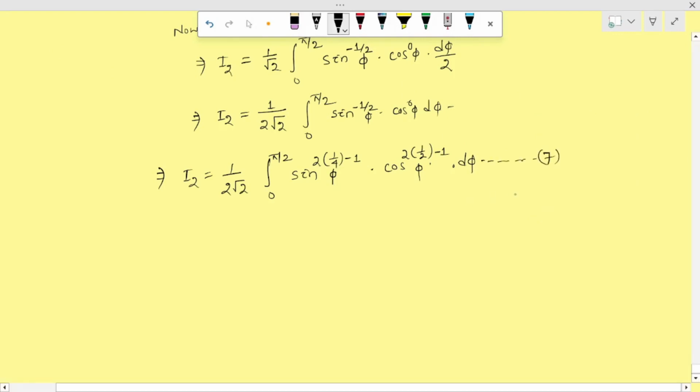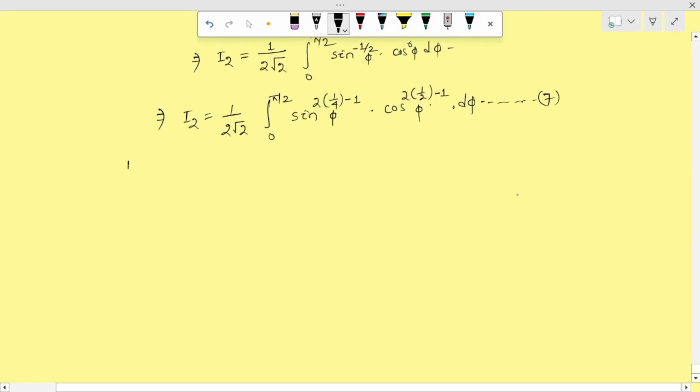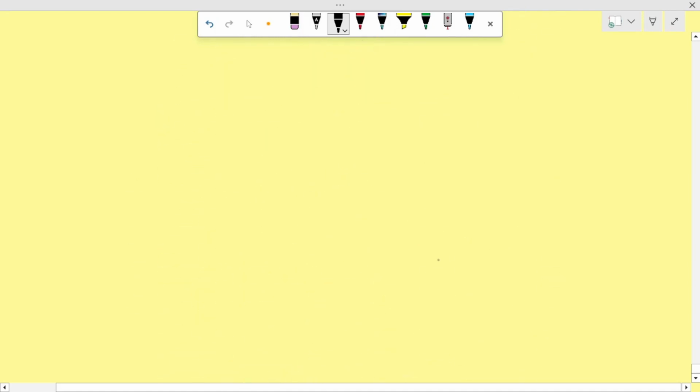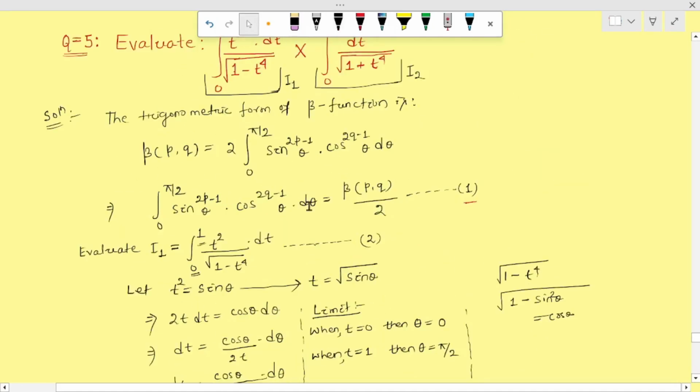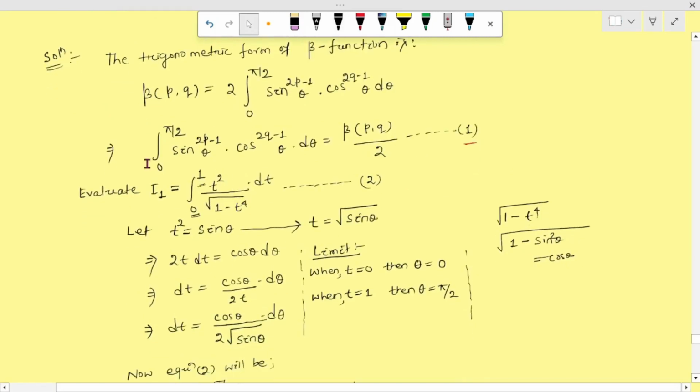Now compare equation number 7 with equation number 1. In equation number 1, the limit is 0 to pi by 2. In equation number 7 also the limit 0 to pi by 2 is there. Here the integral of sin to the power 2p minus 1 theta cos to the power 2q minus 1 theta d theta equals beta p q by 2.